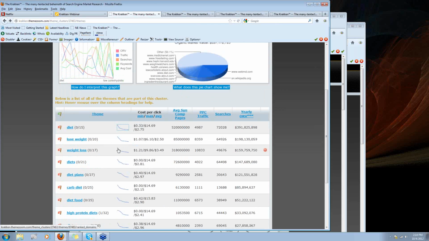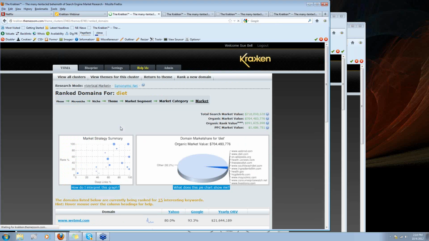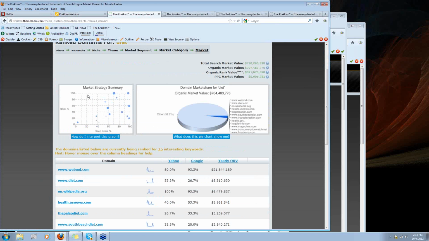So let's come all the way in here and look at the ranked domains screen. This is one of my favorite graphs in all of Kraken. It's a little hard to grok at first, but once you get it, it's an amazing thing.